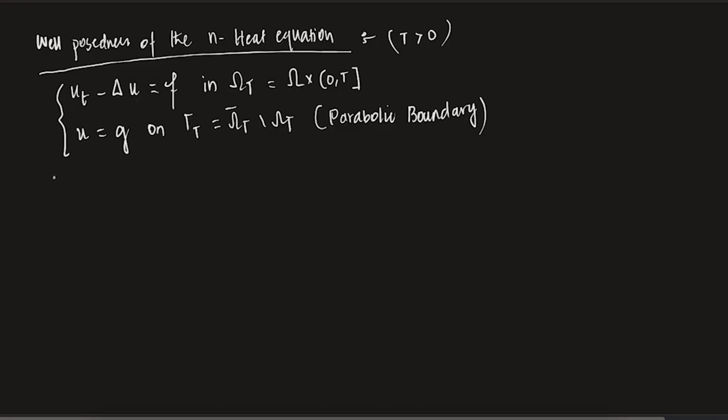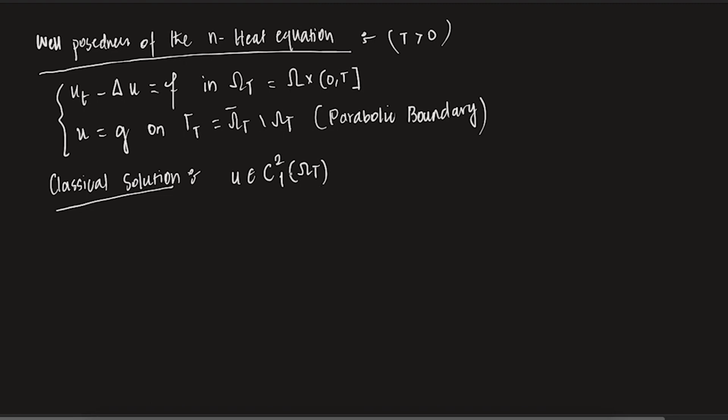So whenever we say something is a solution, what do I mean by this? Let's write down the definition of a solution. This is called a classical solution. So u in, this is a new notation, C^{2,1}(omega T).